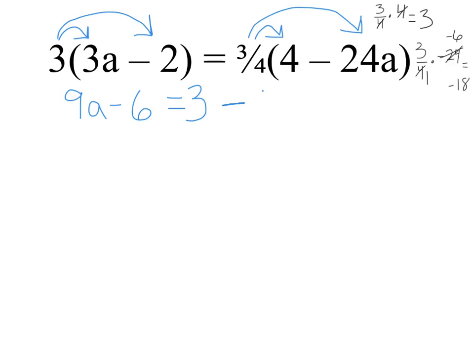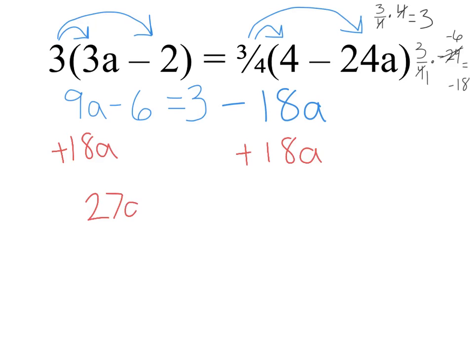So it's going to be minus 18a. And from here, we will move the 18a over because that is smaller than the 9a. And that will give us a 27a minus 6 equals 3.